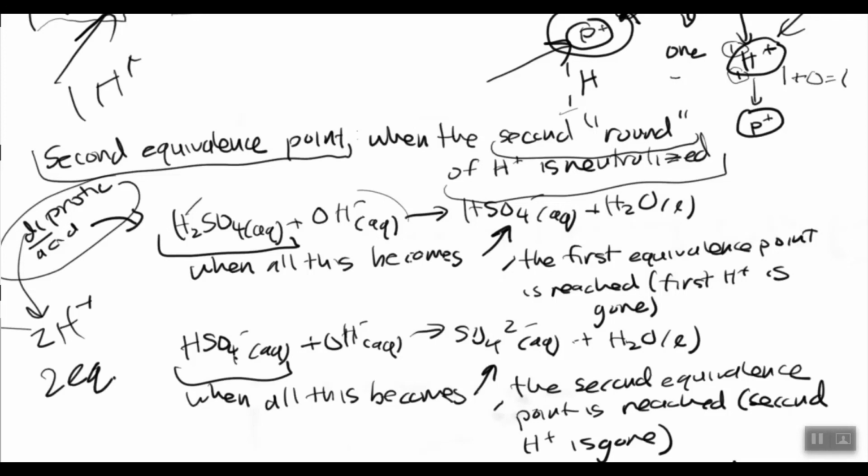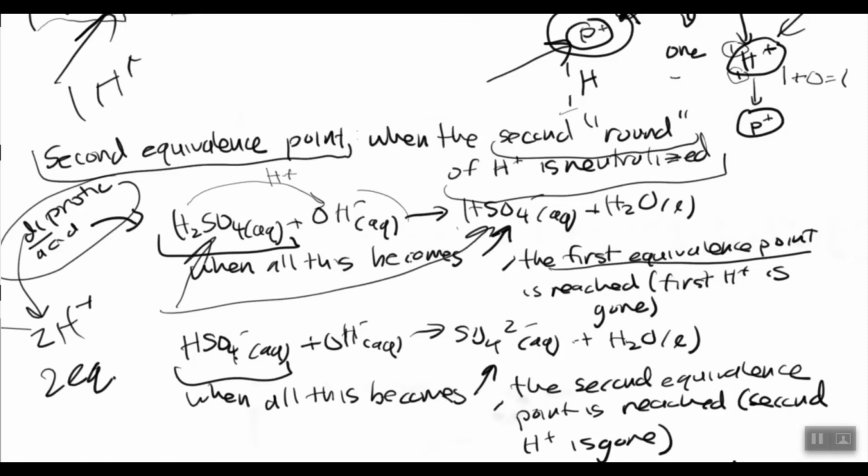And as we can see, this reacts and 1 H plus is transferred, and you end up getting HSO4 minus plus H2O. And this is the first equivalence point because the first round of H plus was neutralized and kind of taken away from this H2SO4, leaving an HSO4 minus.